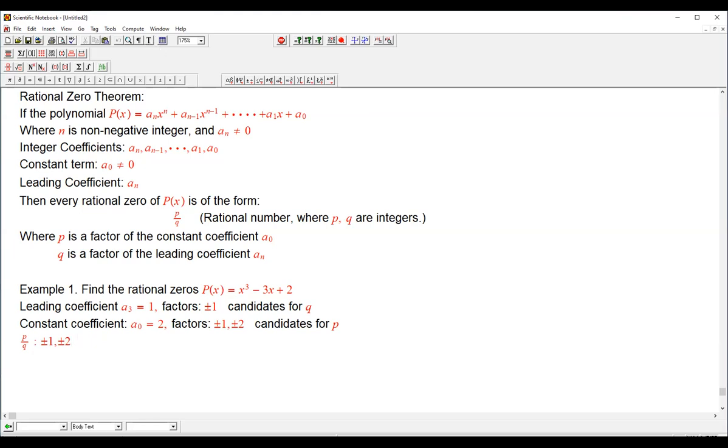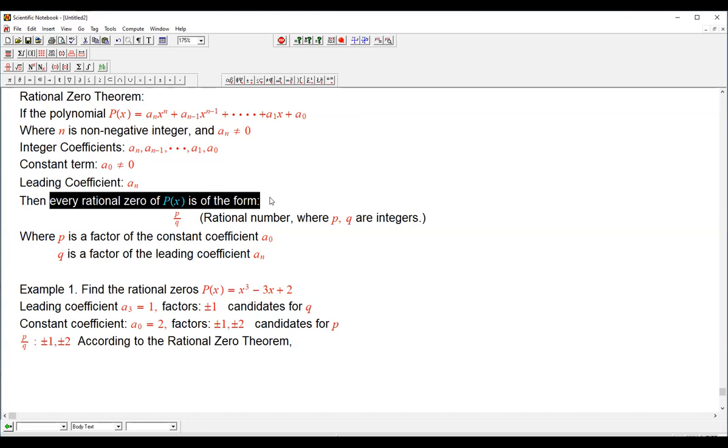If there are any rational zeros, according to the rational zero theorem, every rational zero will be of this form. So we have all possible cases.